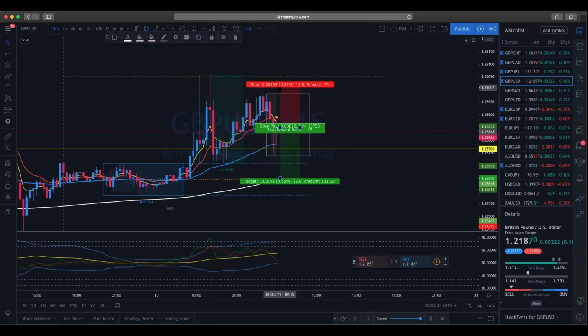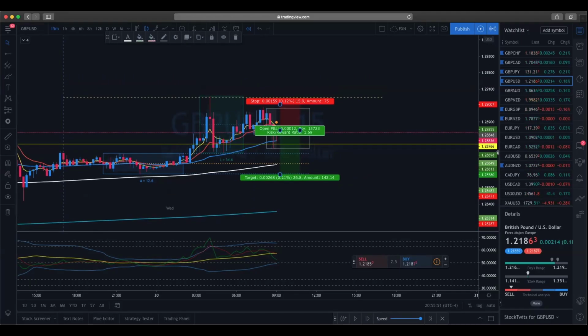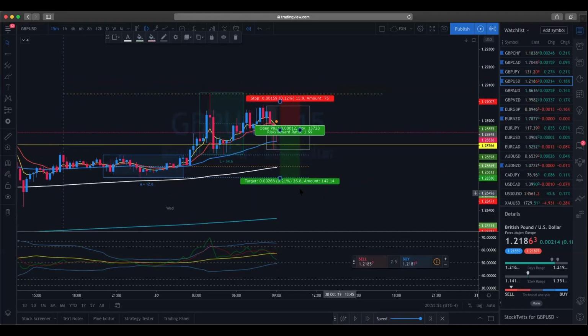Because now your stop loss is only 15 pips. Now you only have a 15 pip stop loss, and to the 200 really is only 20-something, about 20 pips or so. So let's just say the bottom of the range at least.